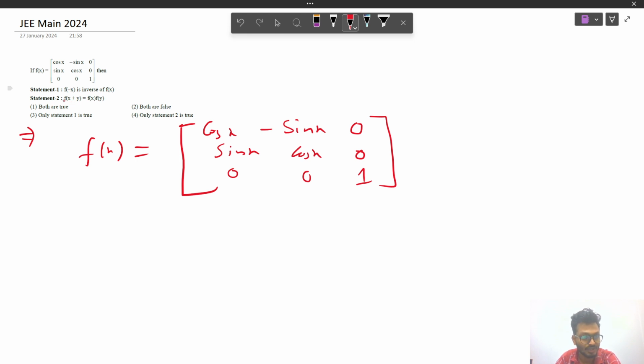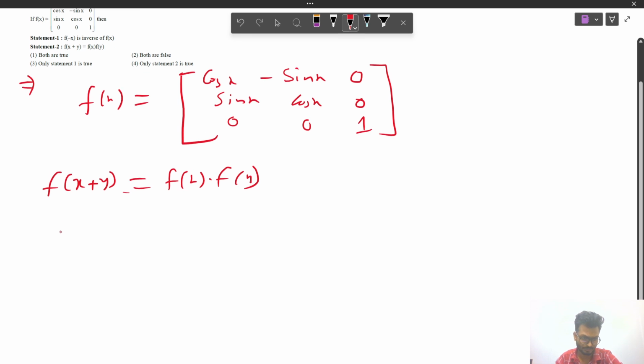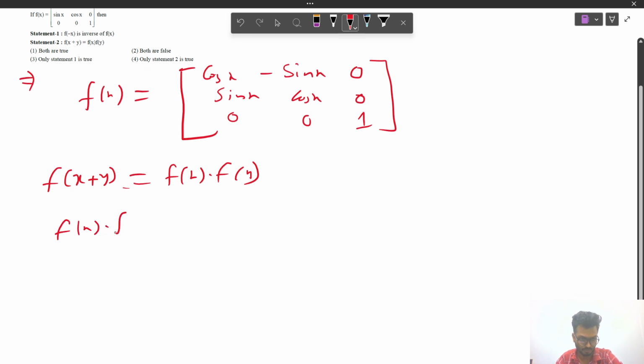First of all we check whether f(x plus y) equals f(x) into f(y) or not, because if this is true, then we will put y equals minus x and get the first result. So first of all let's check f(x) into f(y).